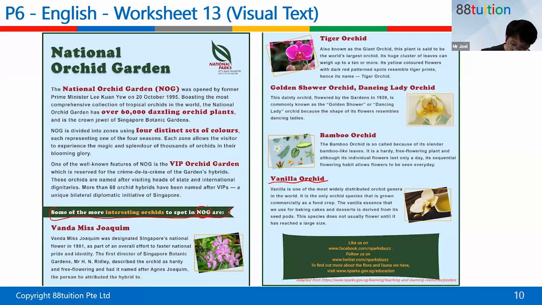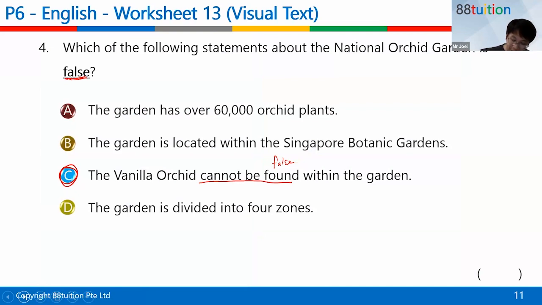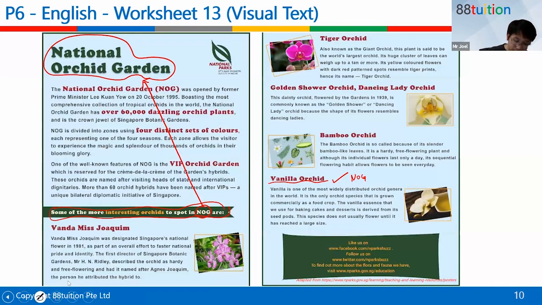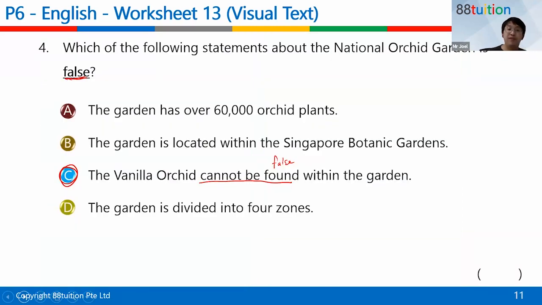What does NOG stand for? NOG stands for National Orchid Garden, doesn't it? So the fact that you can spot these interesting orchids in National Orchid Garden tells you that they are in the garden. So how can we say that the vanilla orchid cannot be found within the garden when the poster itself says you can spot them in the garden itself? So C must be false.